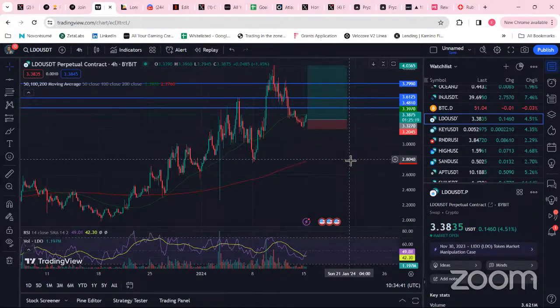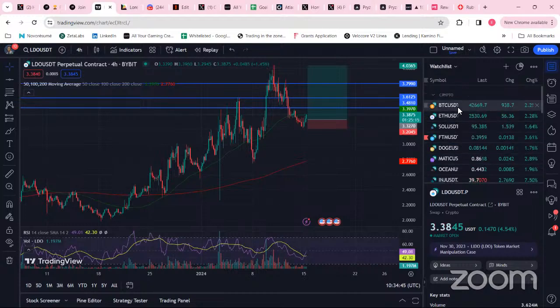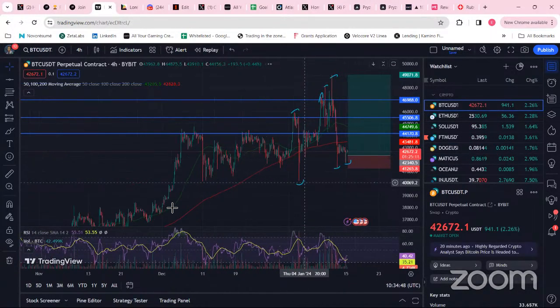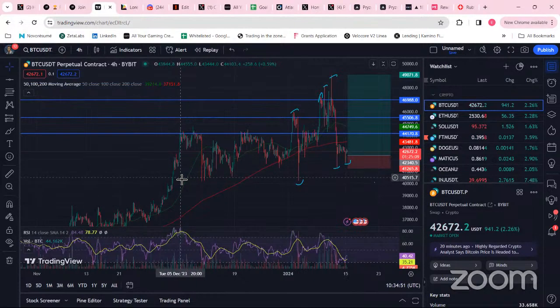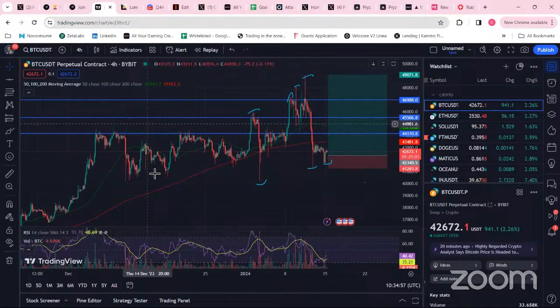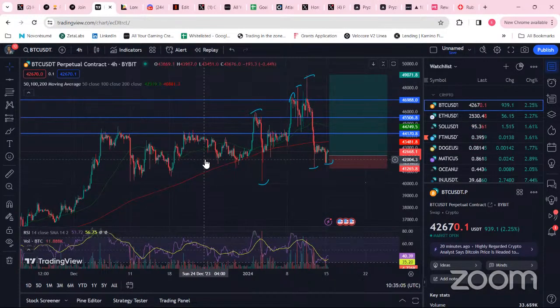The thing is, even when Bitcoin is consolidating, since somewhere around the beginning of December, BTC has been consolidating within this range of $40,000 to 45K, and then even got to 49K.